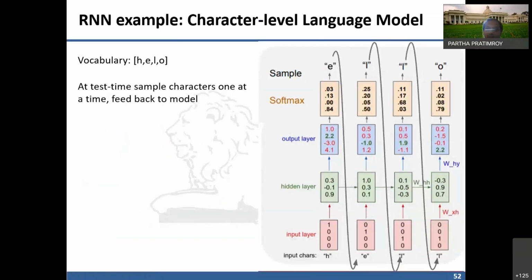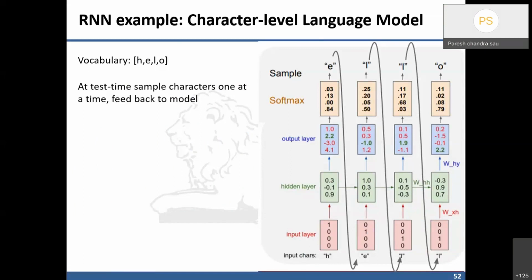So please tell me your problems, doubts. Sir, in the first layer, H I have given as input.